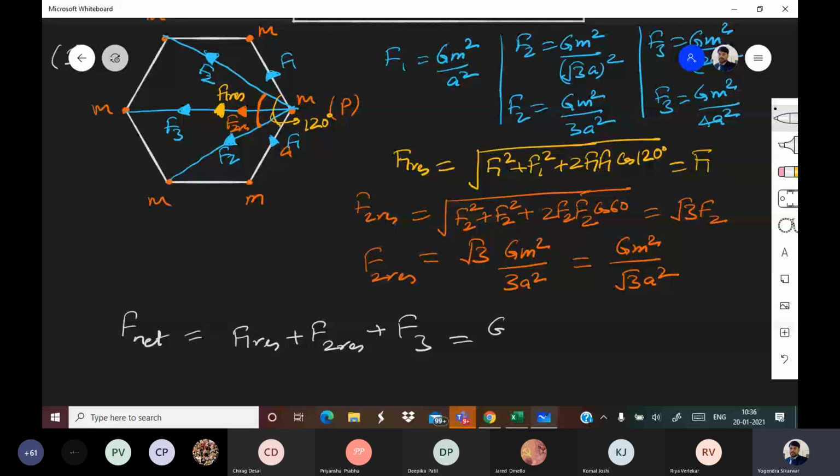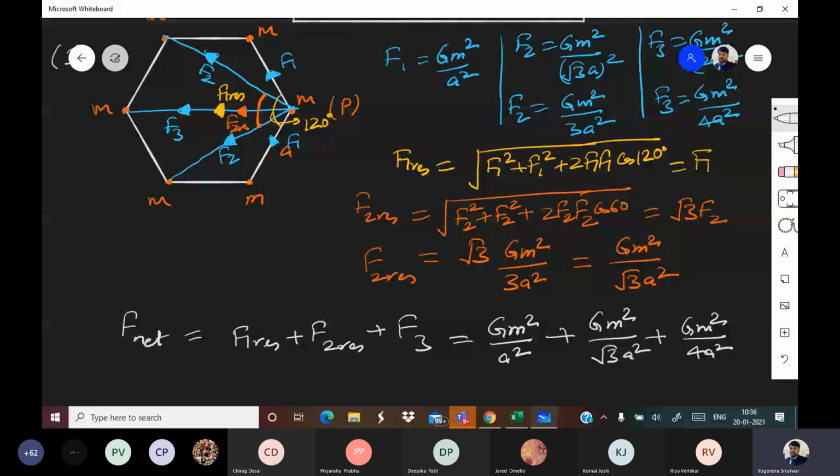So F1 is Gm square upon A square, F2 resultant is Gm square upon root 3A square, and F3 is Gm square upon 4A square. So that comes out to be Gm square upon A square, 1 plus 1 by 4 will be 5 by 4, plus 1 by root 3.